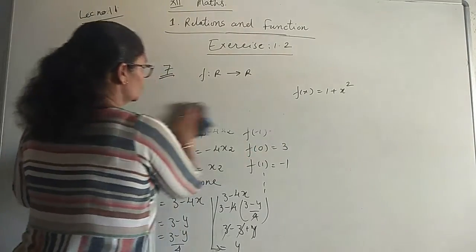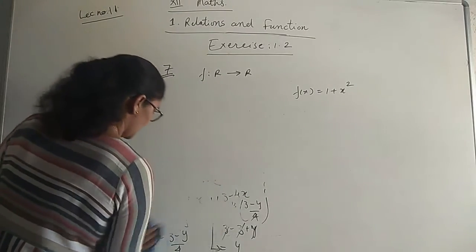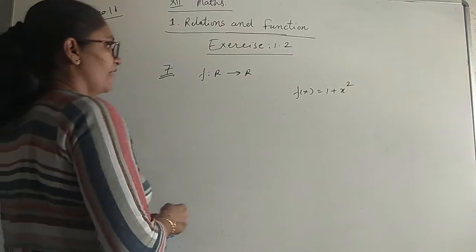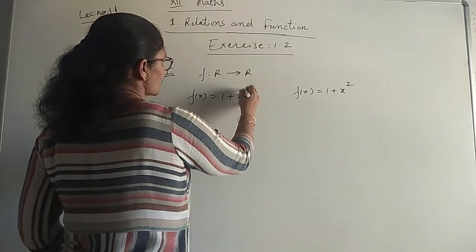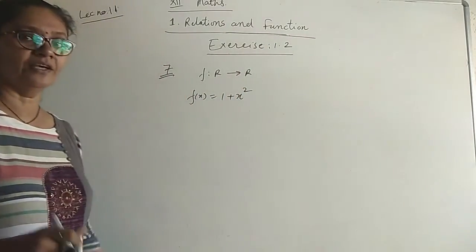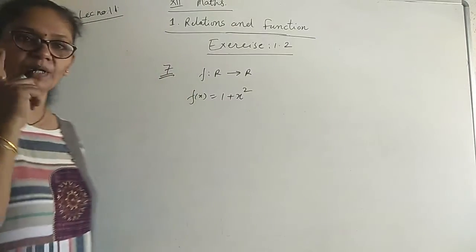Now let's come to the second question. What is our second question? See, f(x) equal to 1 plus x square. Now from the question only you can understand that x square is there, right? So when you write square of any number, minus and plus both become plus.